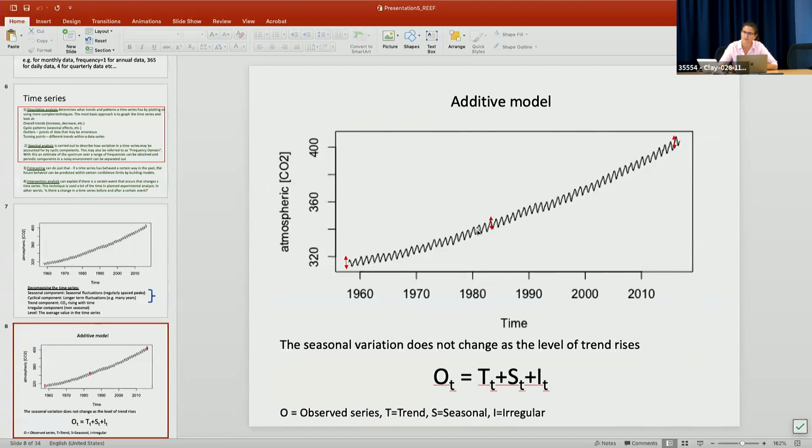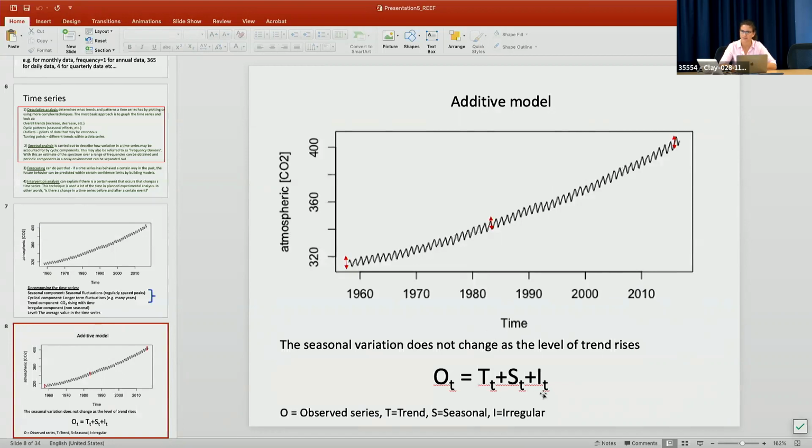And this observation, say this one, is the additive model, okay? I'm adding together the trend, whatever the trend is doing at this time point, whatever the seasonal, wherever we are in the seasonal cycle at this time point, and whatever irregular event happened at this time point. If I add all of those together, I'm going to get where I'm at on the plot, okay, my observed series. Okay, so I have an observed series, and it's made up of the addition of these ones.